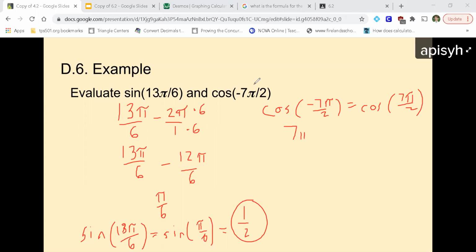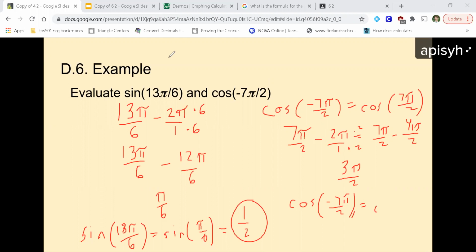And again, if we subtract 2 pi from that to get a coterminal angle, 7 pi over 2 minus 4 pi over 2 gives us 3 pi over 2. So the cosine of negative 7 pi over 2 is the same as the cosine of 3 pi over 2, which again is an angle we can find on the unit circle. The x value of that angle is 0.